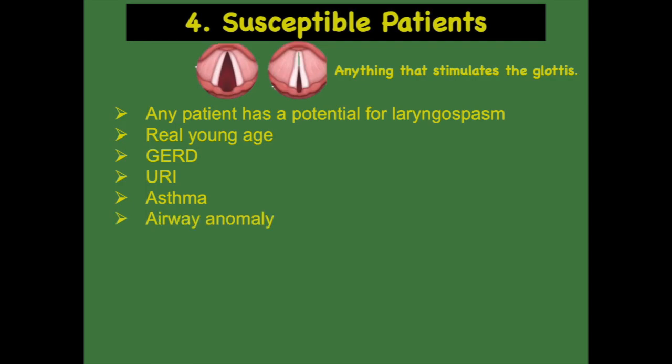Somebody with an airway anomaly, it could be from surgery or it could come from a birth defect in their airway. Somebody that's had past head and neck surgery, even if it didn't involve the glottis, can affect the anatomy of the tongue, the neck, the trachea, and make the patient susceptible to laryngospasm.